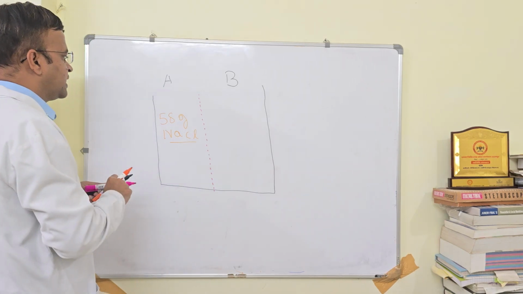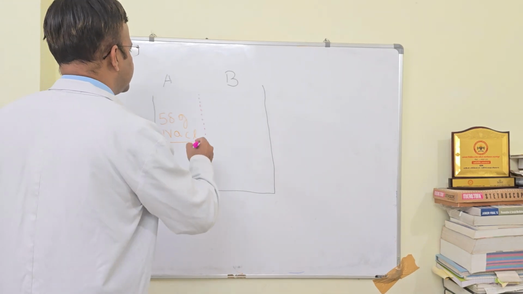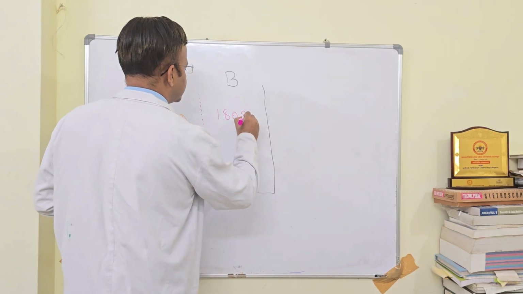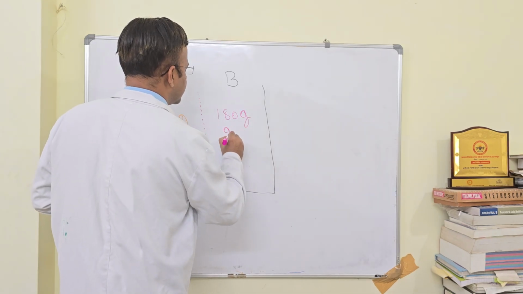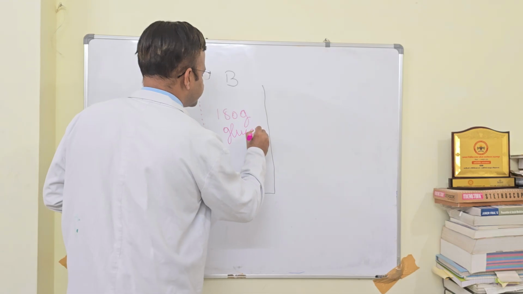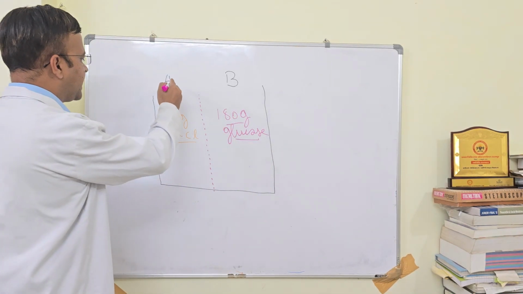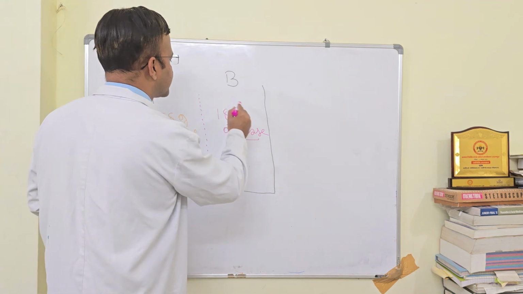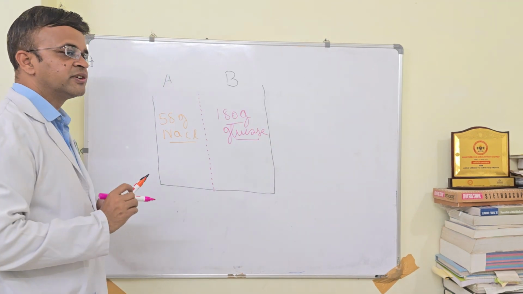In compartment B, we have 180 gram of glucose. Both are dissolved in water. In compartment A, we have 58 gram sodium chloride dissolved in water. In compartment B, we have 180 gram glucose dissolved in water.